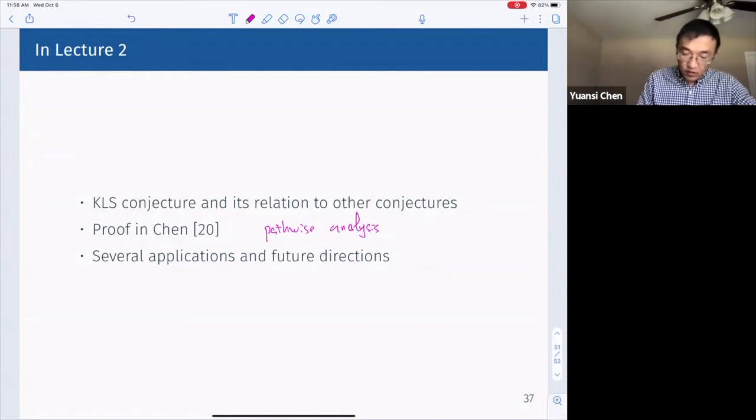We will also talk about several applications of improving the KLS constant in the KLS conjecture, and some future directions applying this technique to other high-dimensional phenomena, some outlook. Okay, thank you.